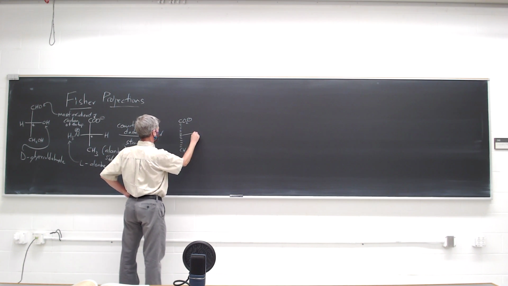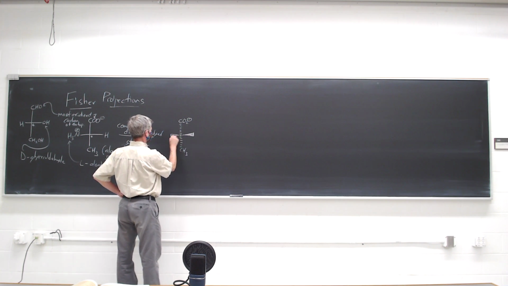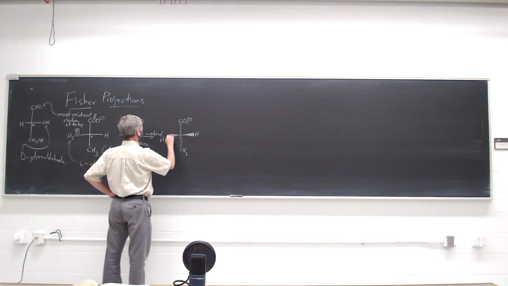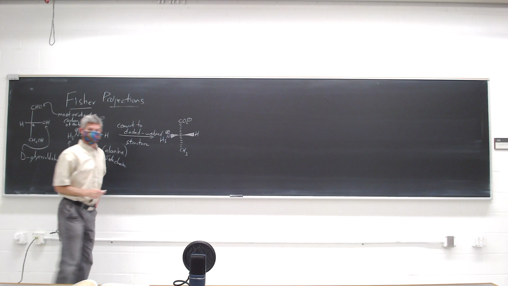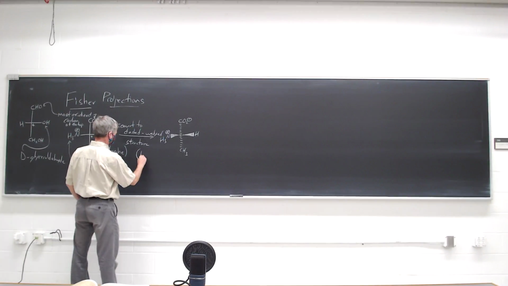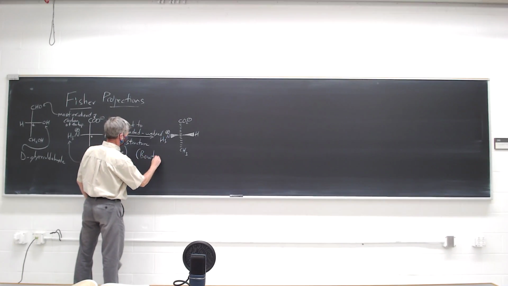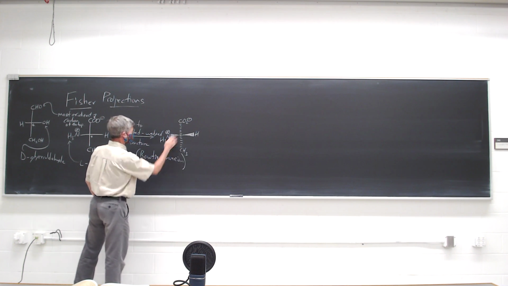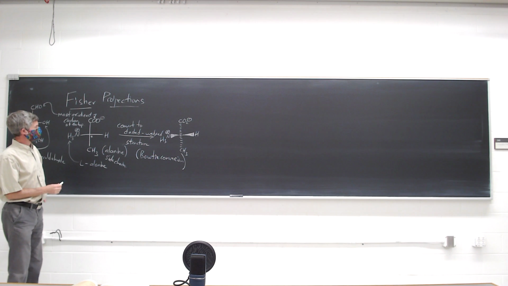And the things that are on the horizontal are coming out of the plane of the board. And I refer to that as the bow tie conversion. Looks like a bow tie with the wedge structures.